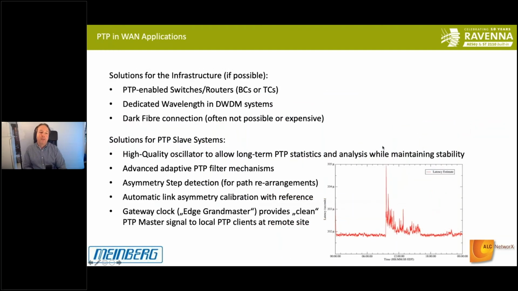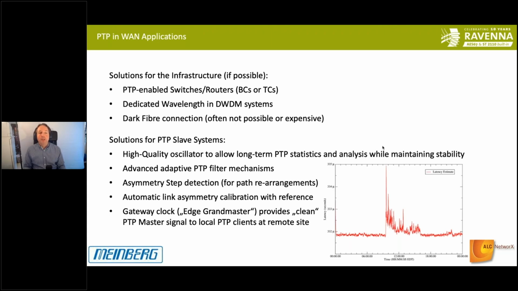So what can be the solutions? You have two parts of the solution. One is for infrastructure and one is for the PTP slave systems. For the infrastructure, if ever possible, sometimes it's not possible in the first place and you have to deal with the infrastructure that's in place. But of course, it is always recommended that you use PTP-enabled switches or routers like boundary clocks or transparent clocks.